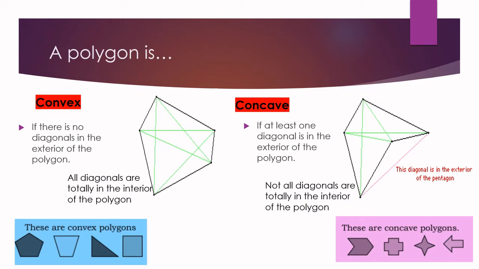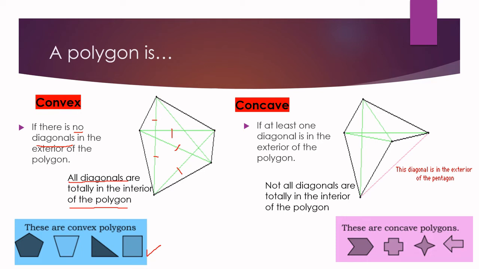A polygon is convex if there is no diagonal in the exterior of the polygon. So, kapag gumawa kayo ng diagonals or mag-connect ng 2 points, all diagonals are totally in the interior of the polygon. So, lahat sila ay nasa loob. Okay, so these are examples of convex polygon.